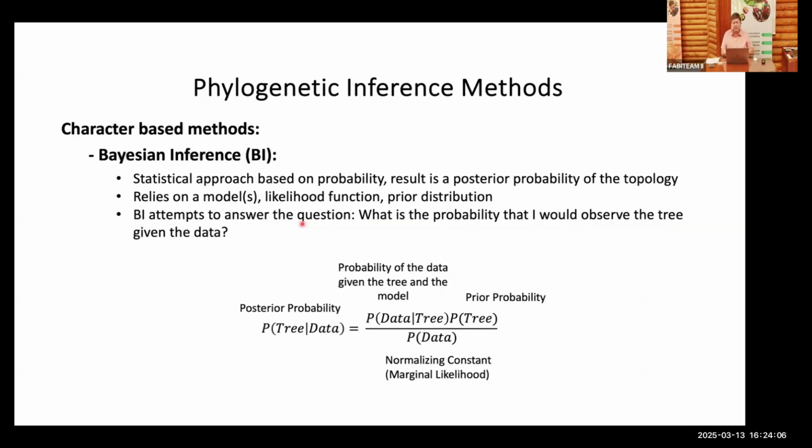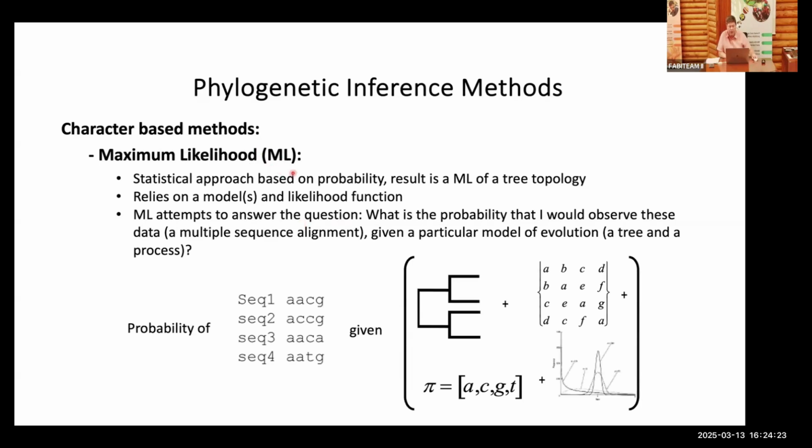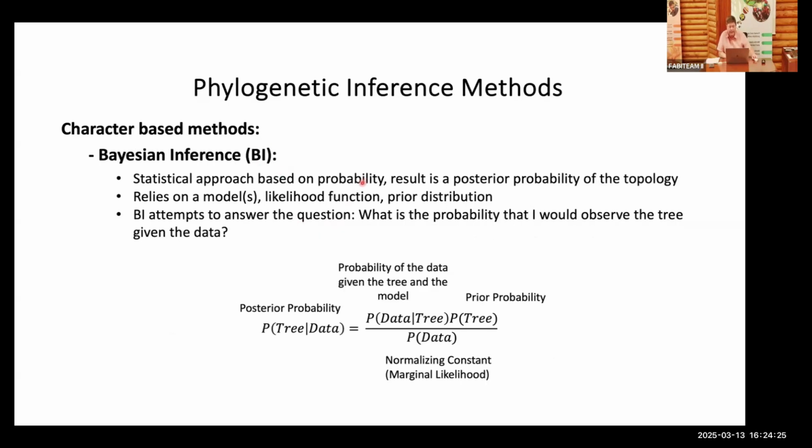The last method is a Bayesian approach. So it's again a statistical approach based on probability, but this results in a posterior probability of topology. So it relies, like maximum likelihood, on a likelihood function, but here we also include a prior probability, so something that you know or believe.